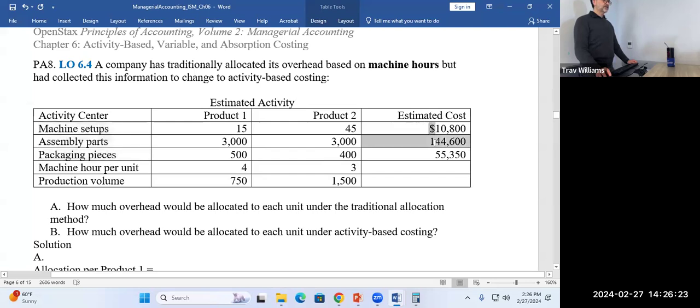They've got the estimated overhead cost associated with each of those activities, and then the estimated activity for each product, and they've got 2 products. We also have the machine hour information, because that is their traditional method that they used, and how much of each product they're producing.